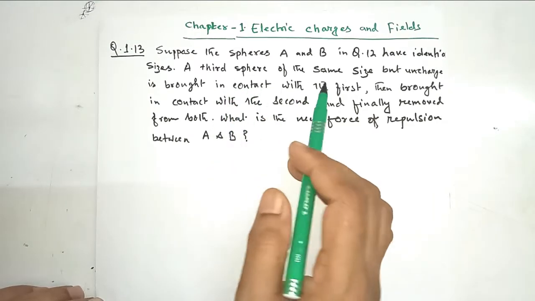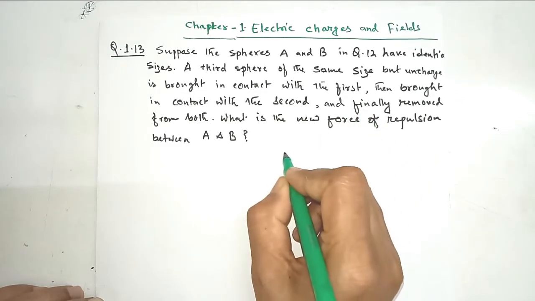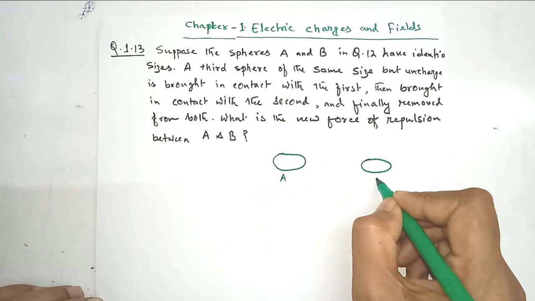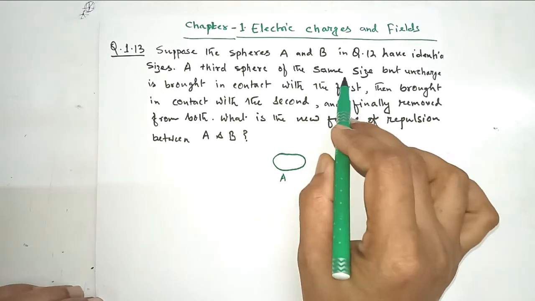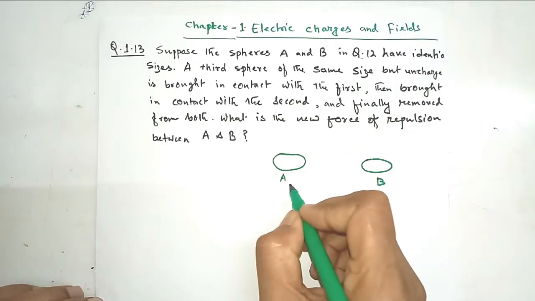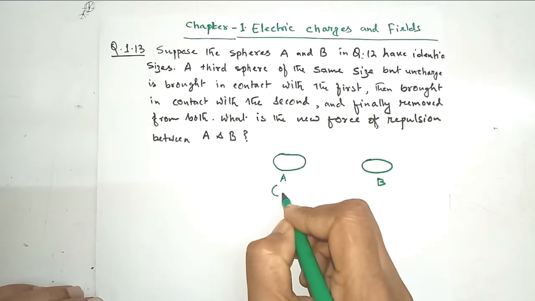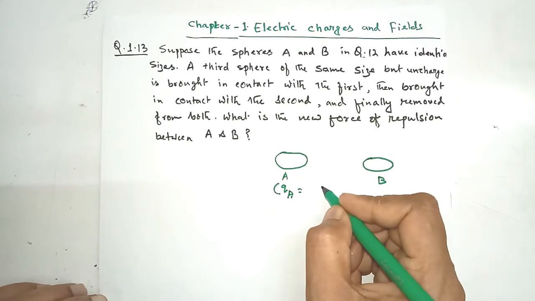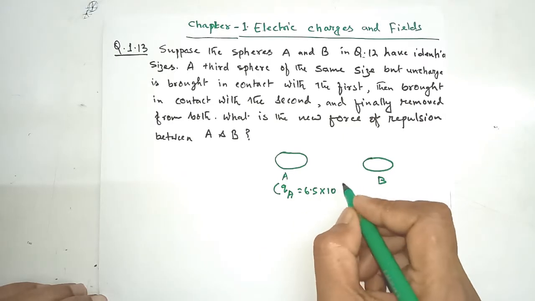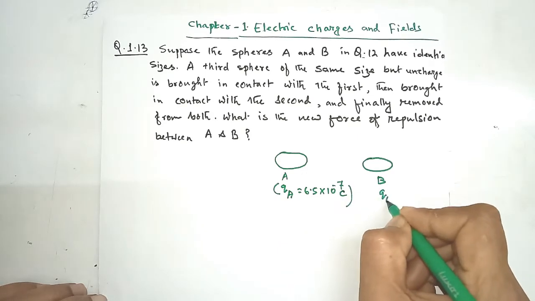We have two spheres. So I am drawing here the two spheres, that is sphere A and the another sphere is B. In question number 12 they mention the two charges, they have the same value of charge, so QA equal to, हम लिख सकते हैं, 6.5 into 10 to the power minus 7 C, and the QB is the same.